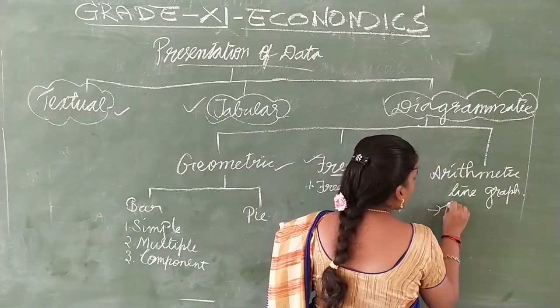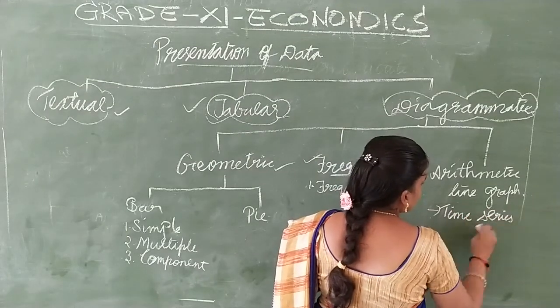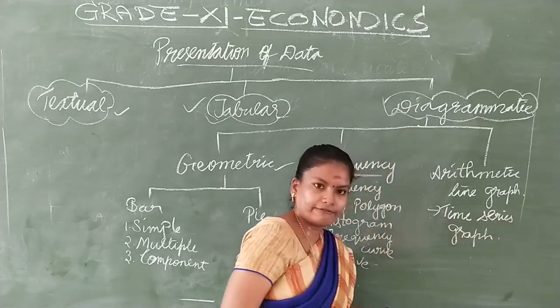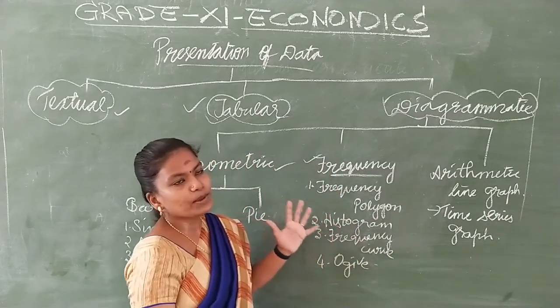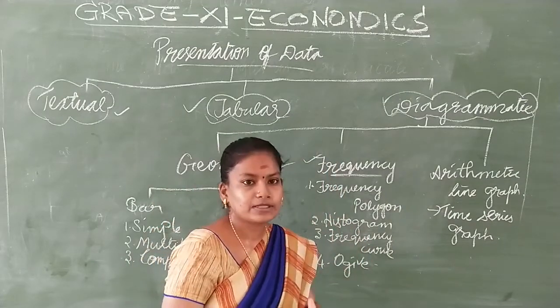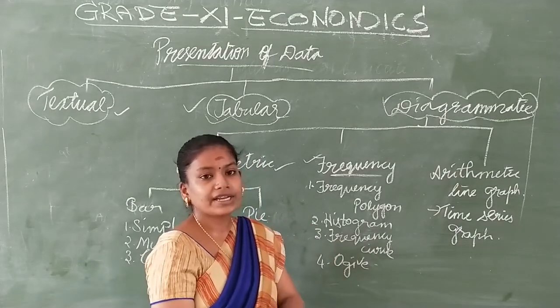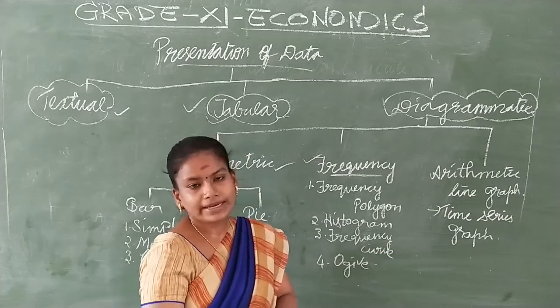How is it called? The time series graph. Why? It is going to be mentioning the time. Wherever we have data that is related with time, we are going to use the arithmetic line graph.